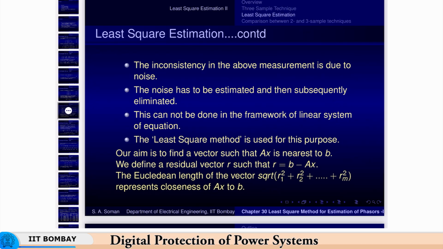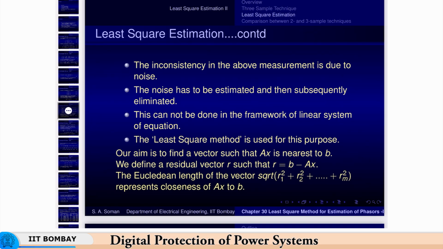Our aim is to find a vector x such that Ax is closest to B. We cannot make Ax equal to B, because in which case the system would be consistent and that means B would lie in the range space, or the column space, of A. That is not the case here.